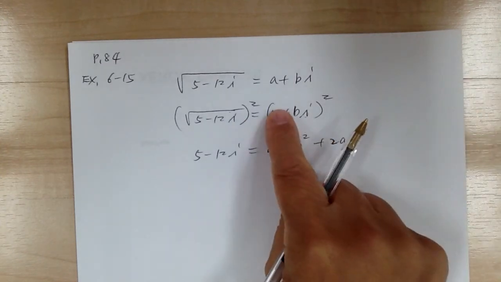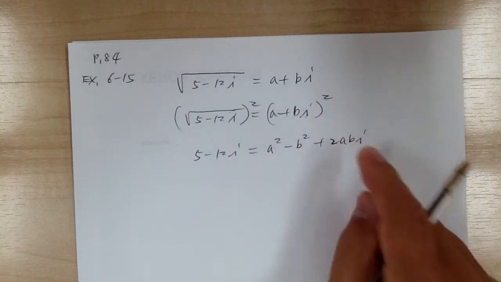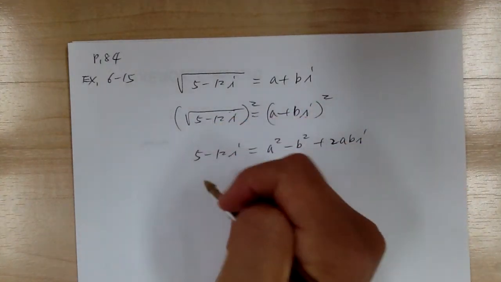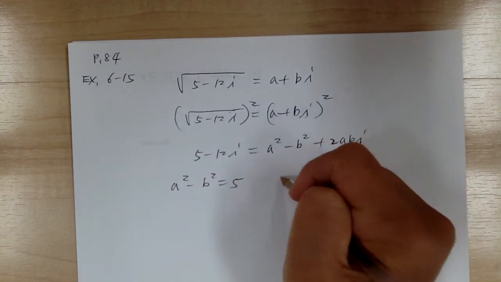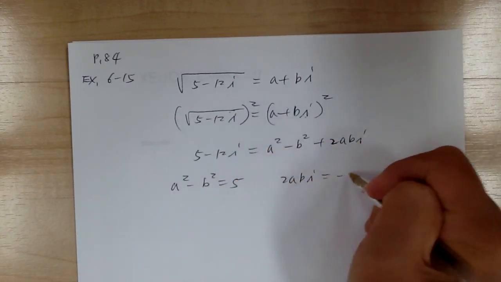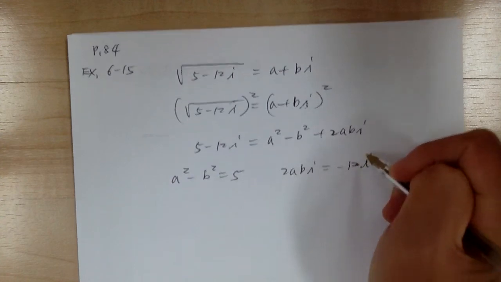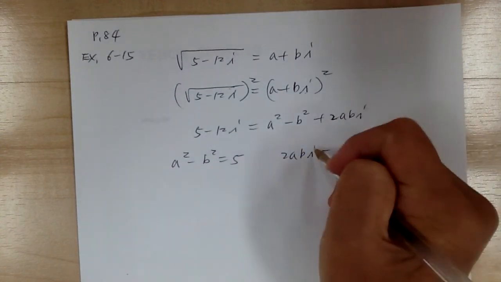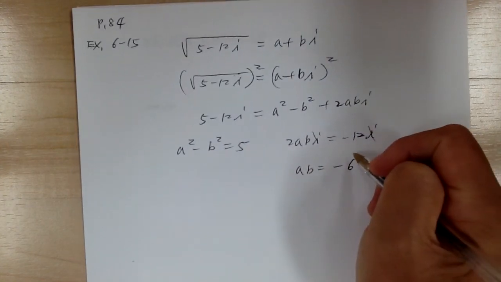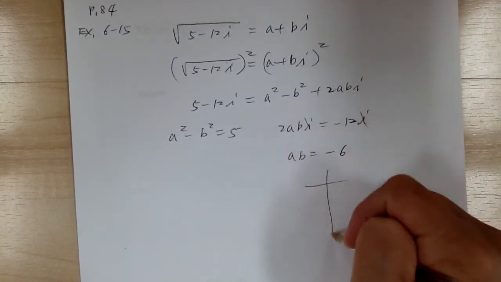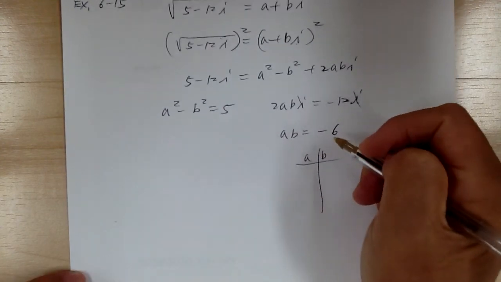So you can square this, and that's the middle term. Again, now you do the matching. So you got a squared minus b squared equal to 5. You got 2abi equal to -12i. So get rid of the i and divide by 2. So ab equal to -6. So you can do your trial and error.